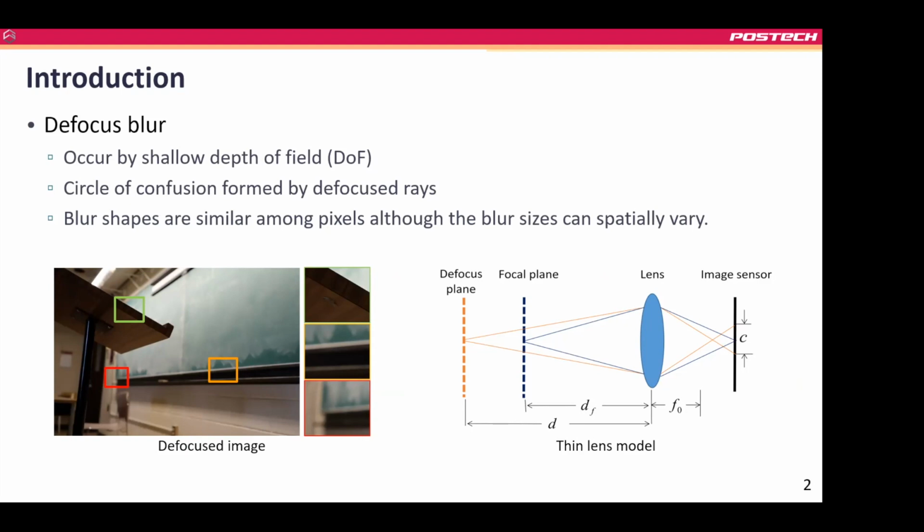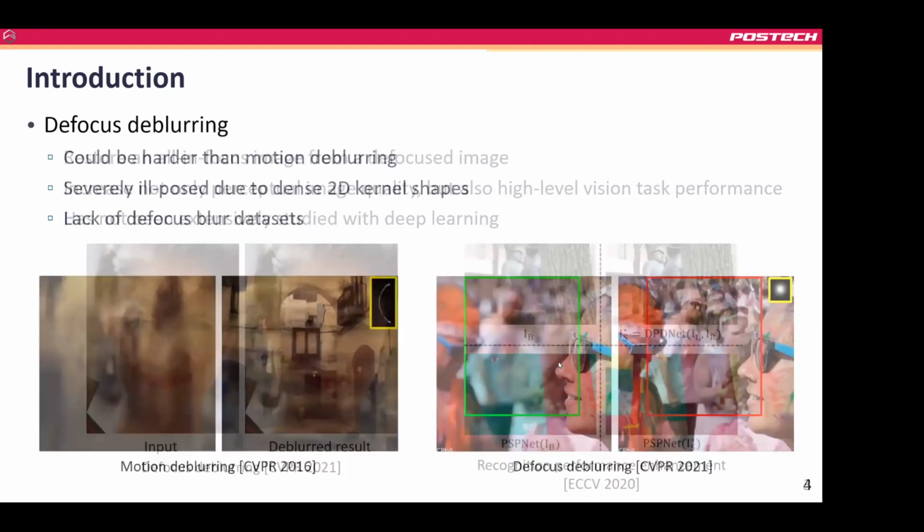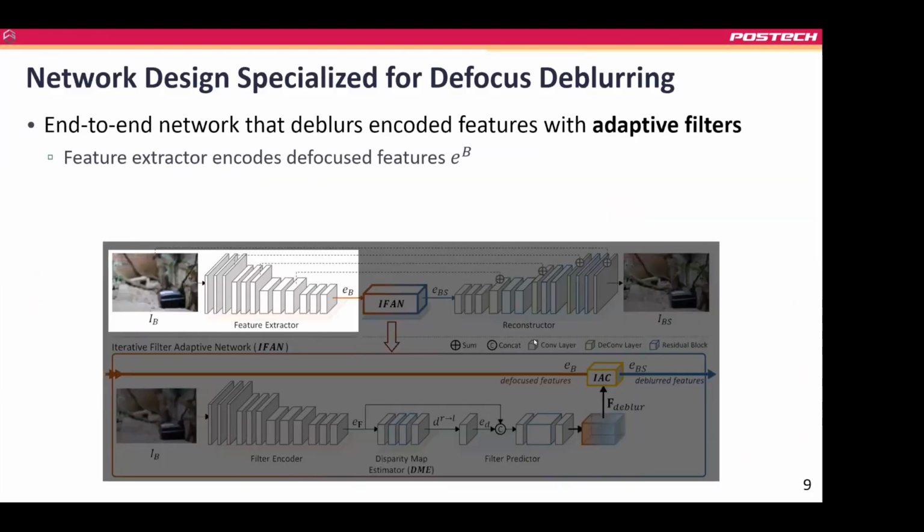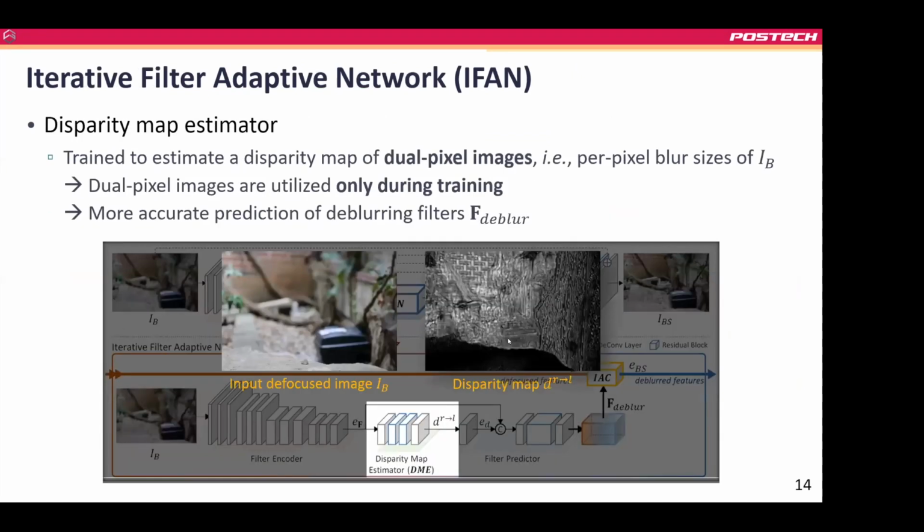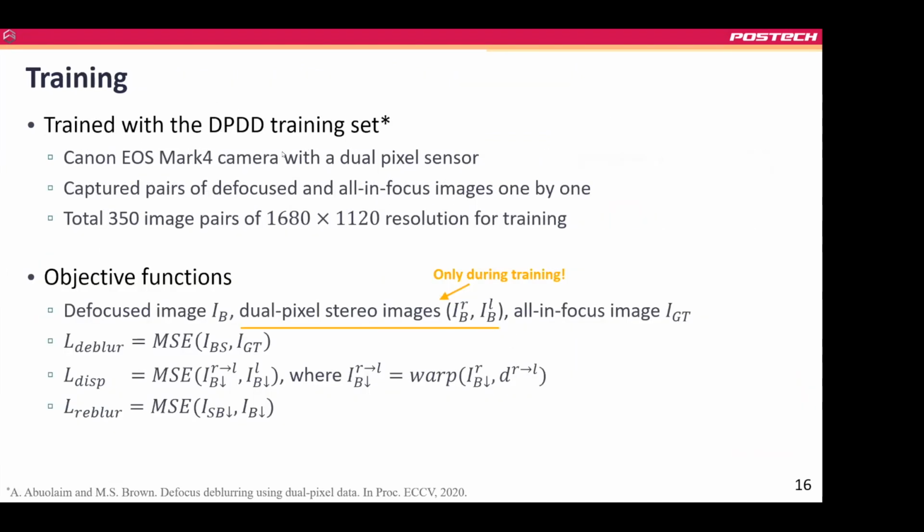We didn't do that because now we have a real data set for defocus blur. But its size is still small, so we may augment it using synthetic data. Yeah, I think that should be possible.